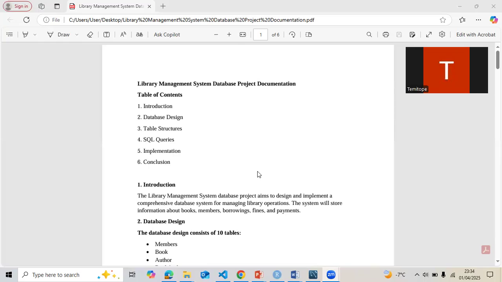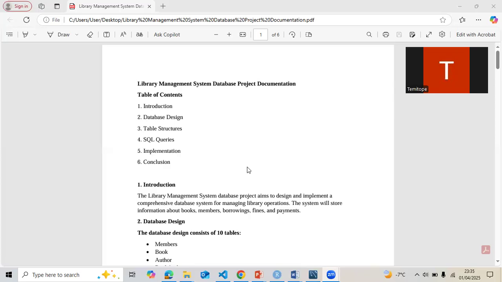This project is based on library and book, to be precise. I have designed the database, then I used the ER model, that's entity relation model, and created SQL tables. I will demonstrate some queries, how I generate my queries. I'm going to discuss everything on this project.